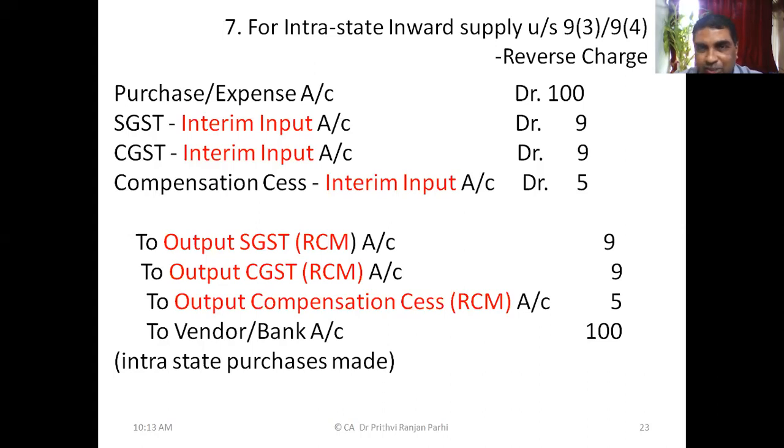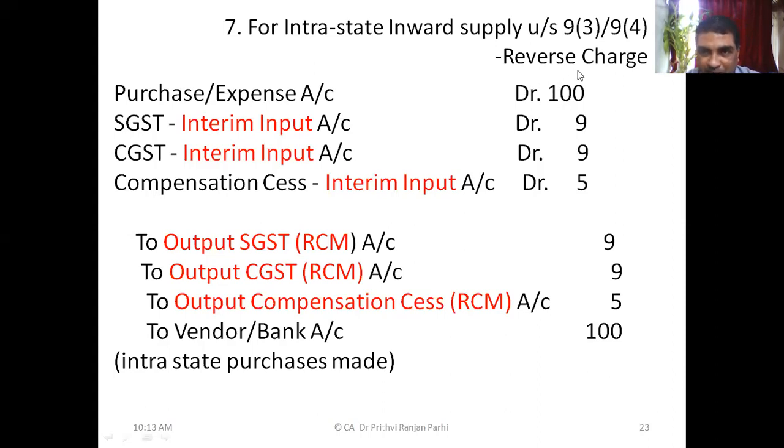It's the supplier's responsibility, but since it's reverse charge, the recipient has to take the burden and the responsibility. And the recipient is paying GST. Since he's paying GST, the recipient can take input credit. So what entry will be done first of all? Purchase or expenses account debit. Now watch it carefully.